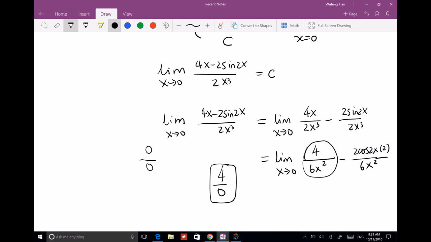This is not the form we want. We can only do infinity over infinity, positive or negative, or 0 over 0 form. Only with these forms can we use L'Hopital's rule. If it's a 4 over 0 form, we cannot use L'Hopital's rule.